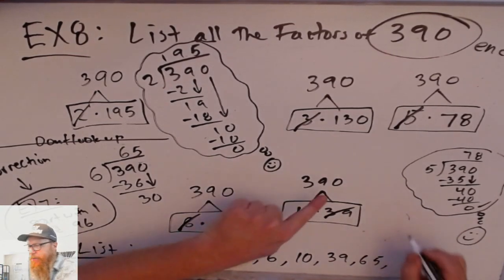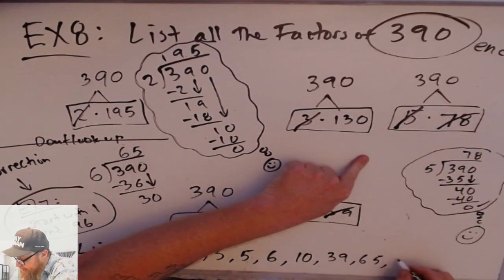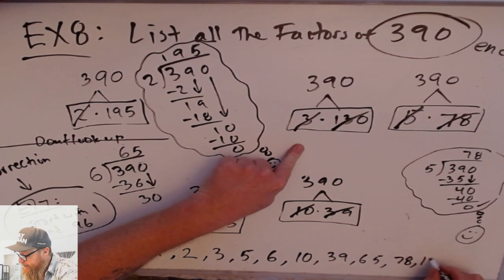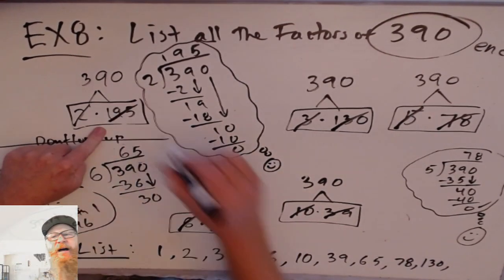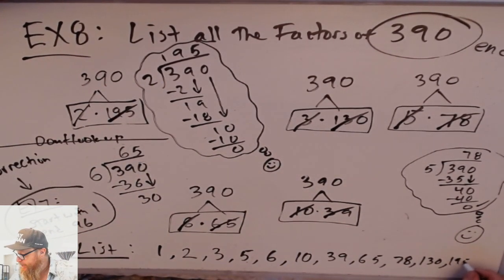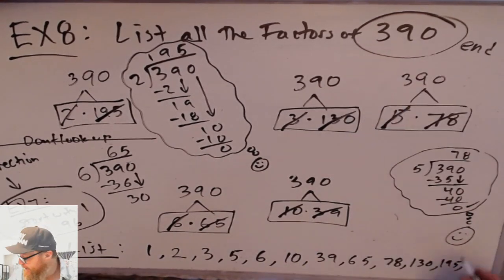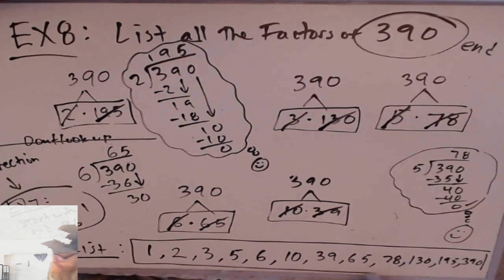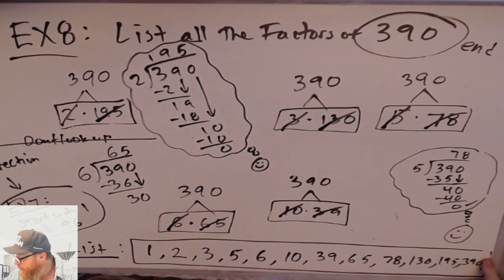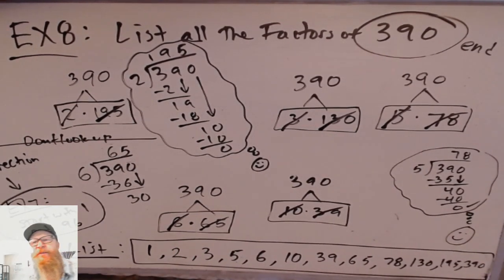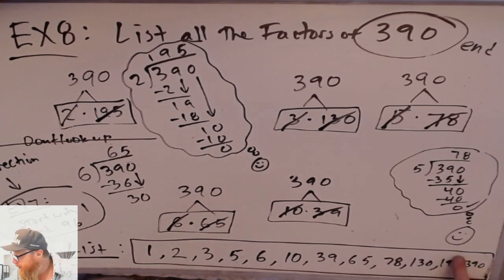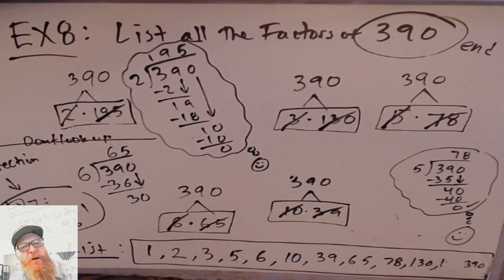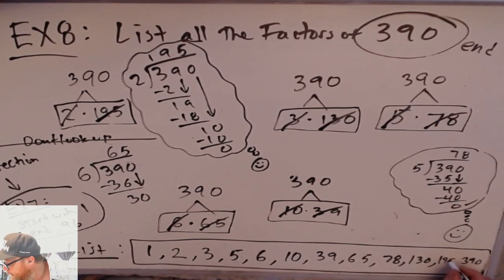You basically just go backwards. 78, 130, 195, and I should end my list with 390. Now the order does not matter. I will accept this list in any order, but I will find, and you will find, and we will find that if you put it in order, you're just more likely to get it right.